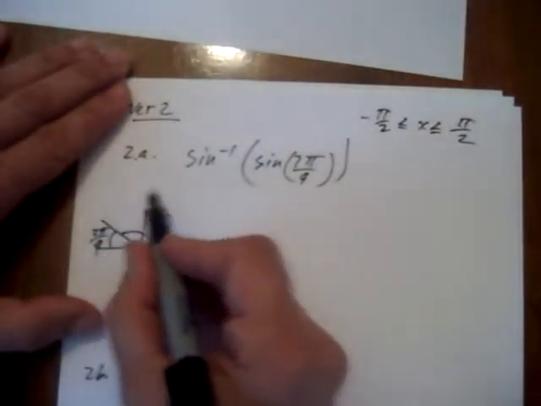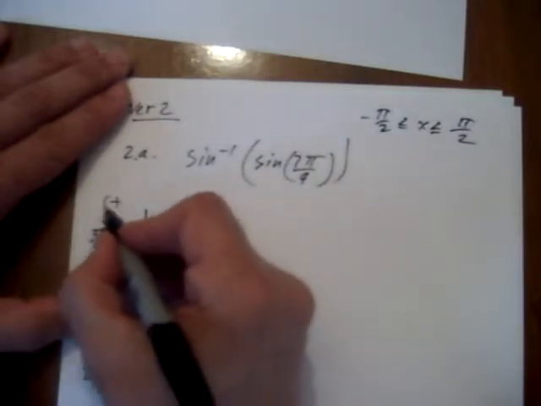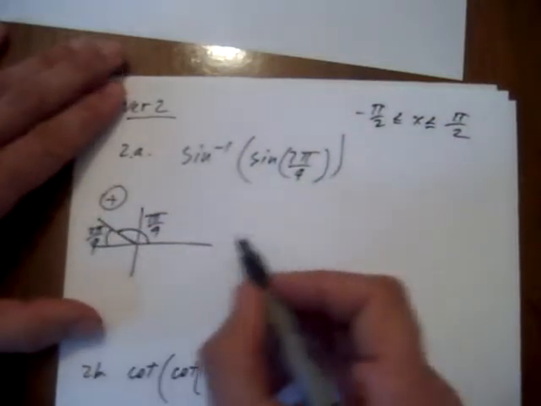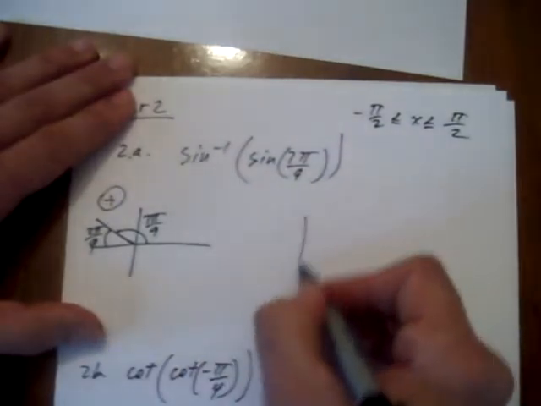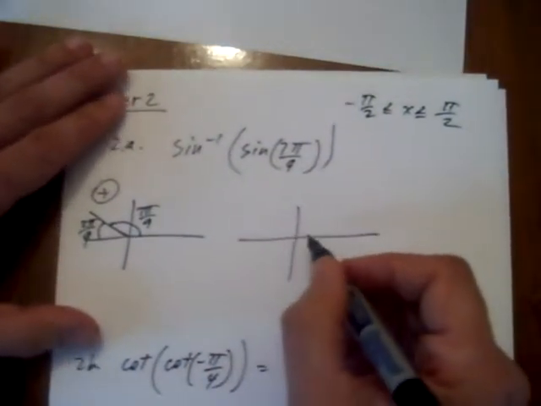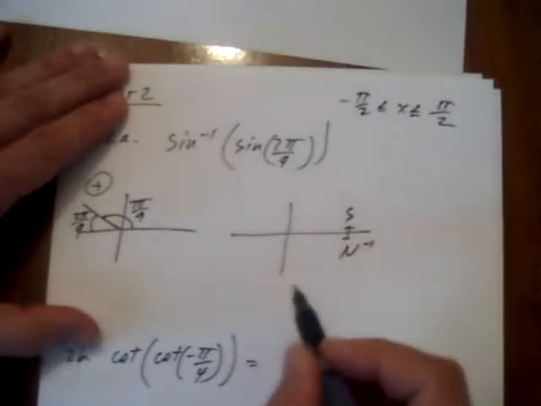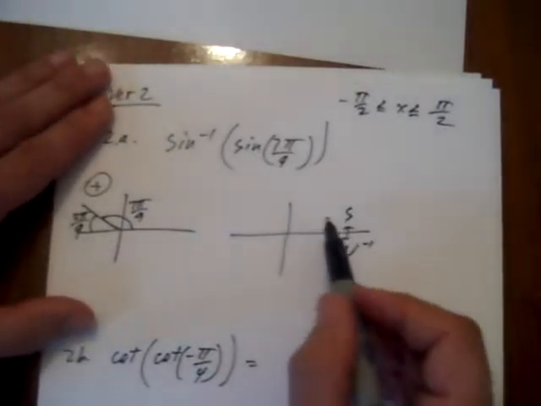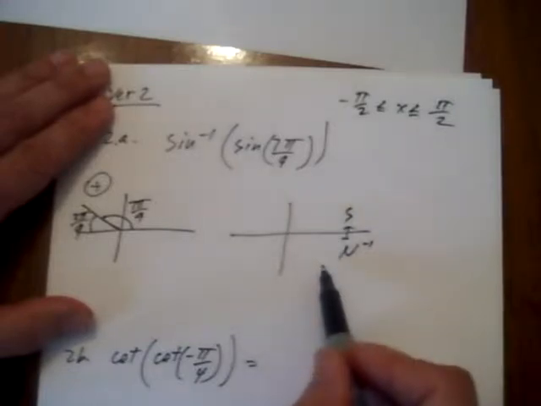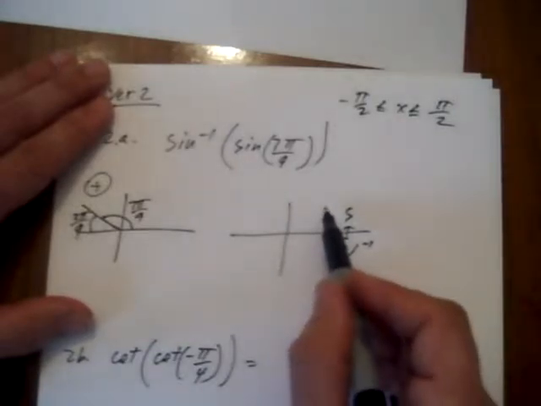In the second quadrant, sine is positive. Therefore, when we're looking to place the angle, we look at the inverse restrictions, which are right there. Inverse sine is restricted to the first and fourth quadrant. The first quadrant is going to produce positive results.